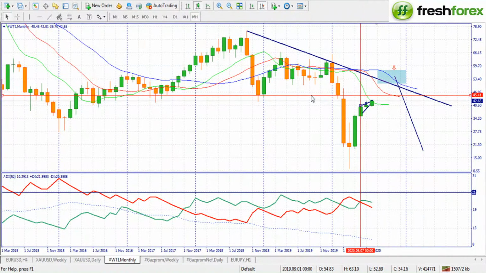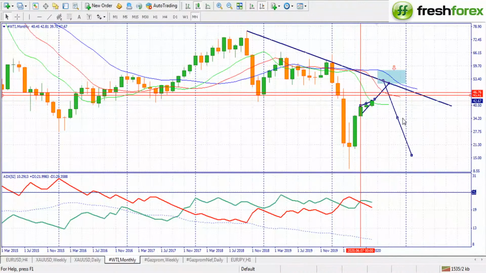There is a very good support here which was broken, and as we are speaking, the price is approaching the same place. So this is the correct place to look for a sell from.